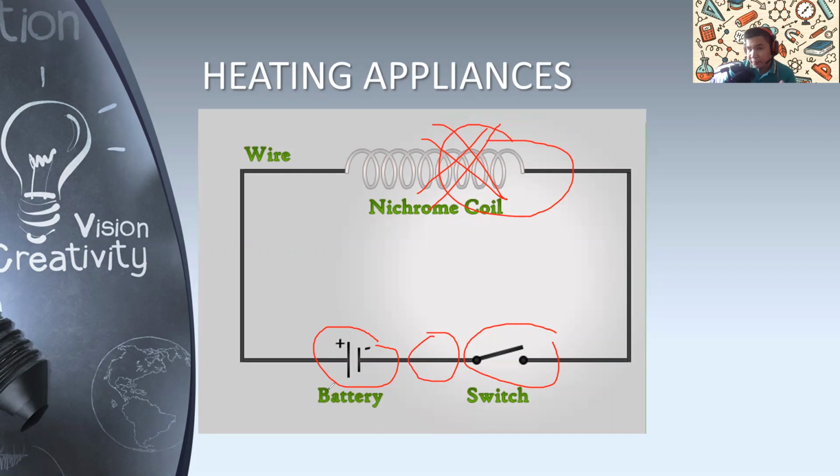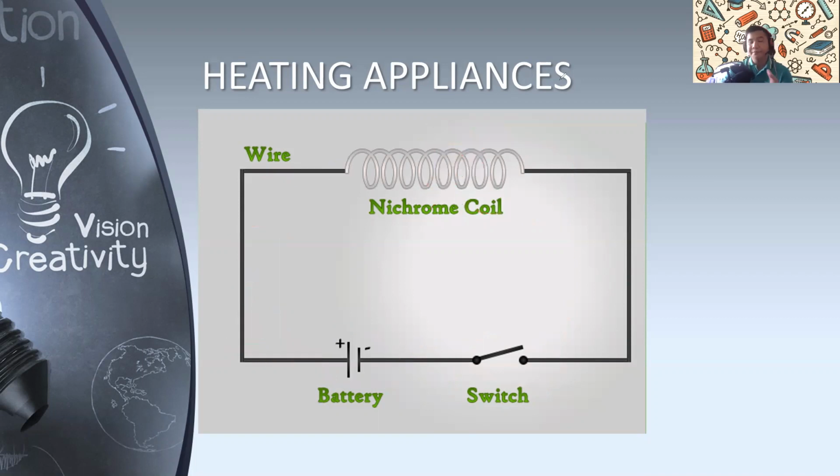The energy from the battery goes to the element. The switch allows us to turn the appliance off or on. And the wire allows electricity to move through it. Now, the nichrome coil is a special type of element. The element will allow electricity to pass, but it will have a hard time moving.